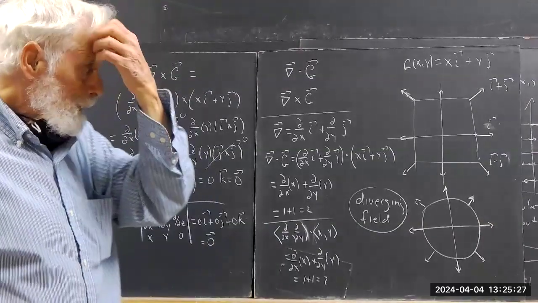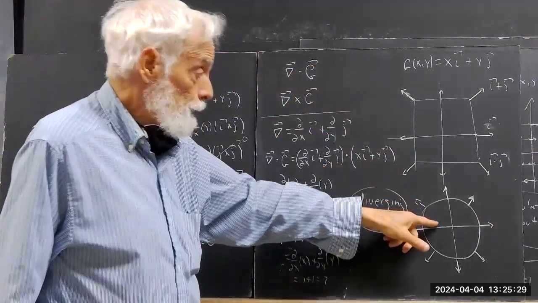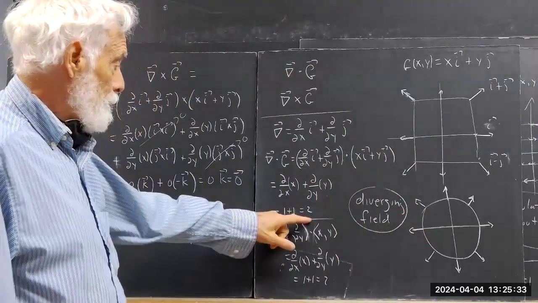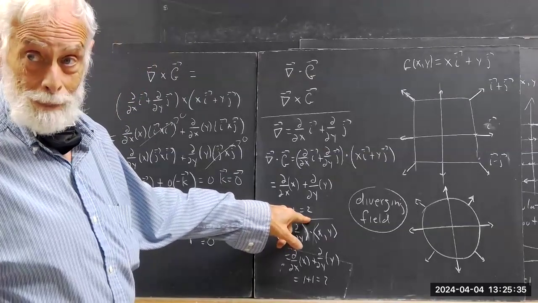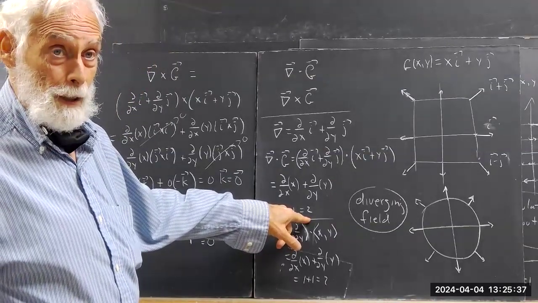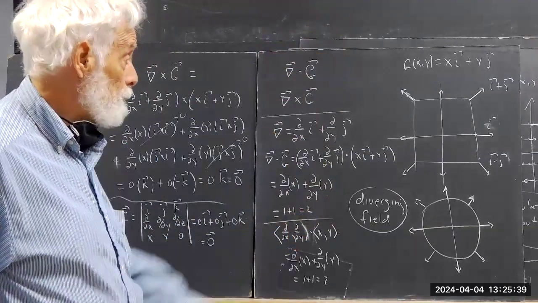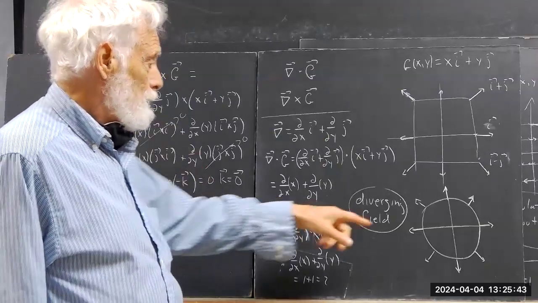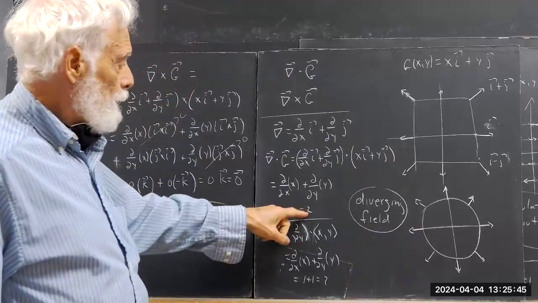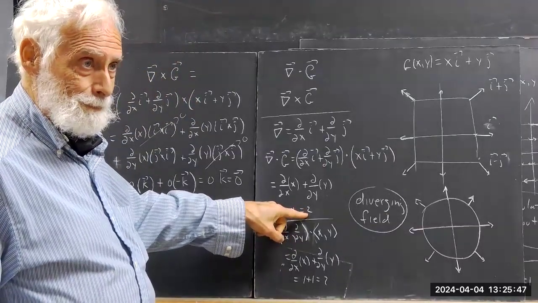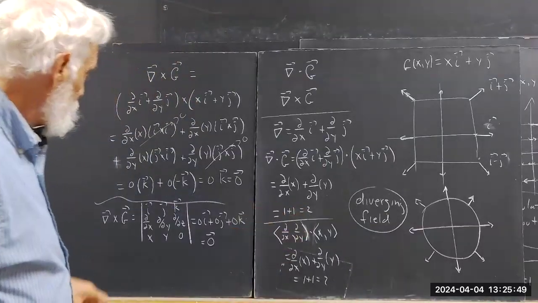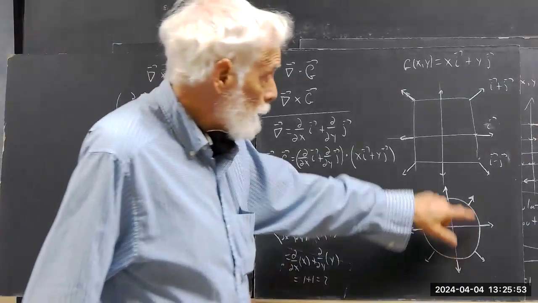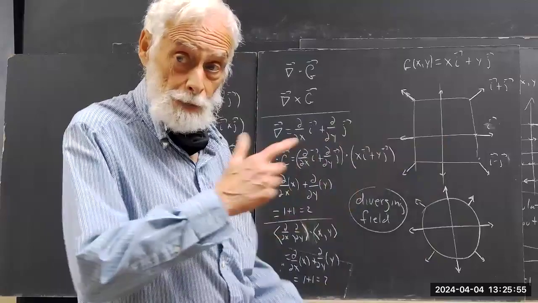You do del dot G, right there's your G function. It's diverging, and you get 2, which is the maximum you could get from a vector of magnitude 2, it turns out. So you have a test for the amount of divergence, and a test for the amount of circulation. This vector field is diverging, it's not circulating.